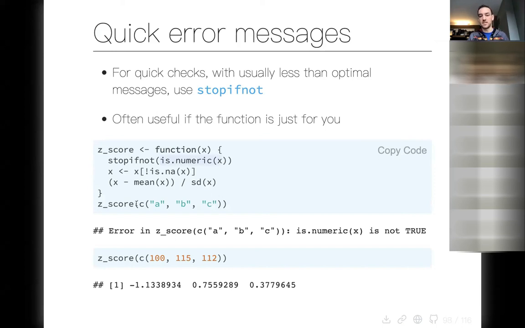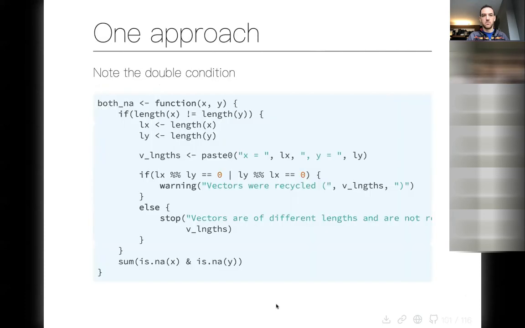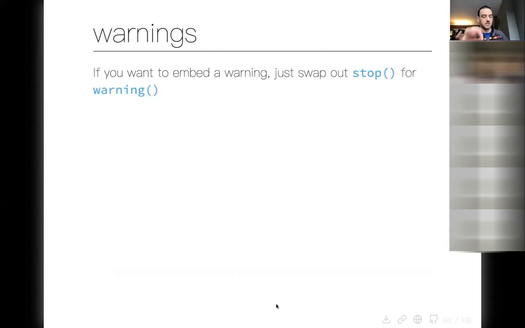Then when you try to z-score something that's not numeric, it'll just say is.numeric is not true. That's not a very good error message, but it's a very quick way to do a check. All right, I'll just mention this real quick and then we'll call it good for today.